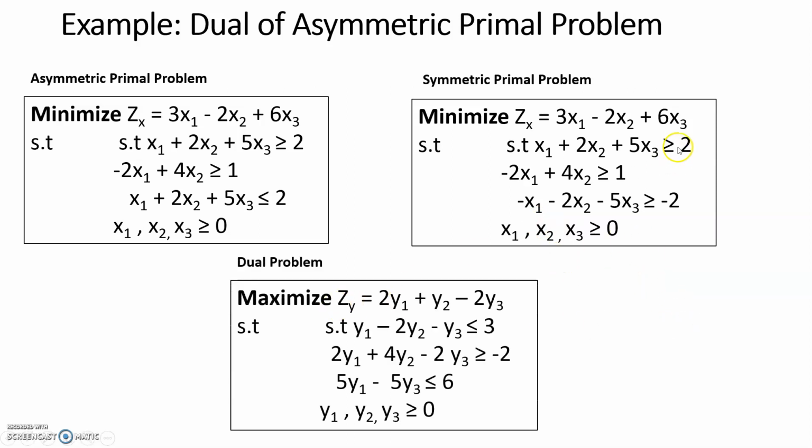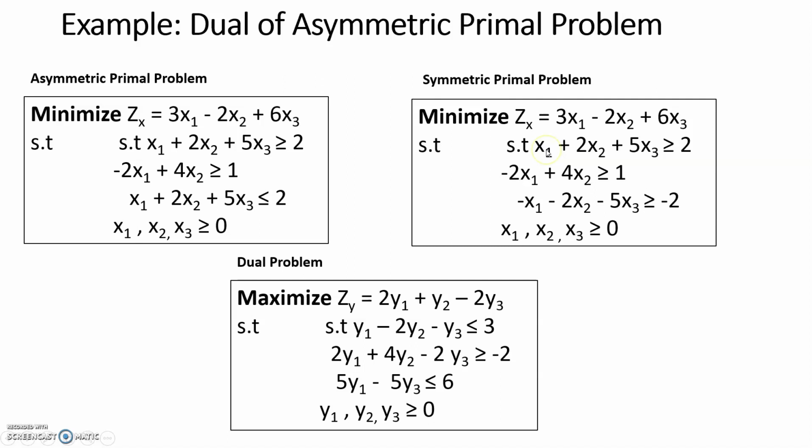In the dual problem, the right hand side becomes the coefficients of dual variables in the objective function, that is 3, -2, 6. Now we will transpose this matrix.